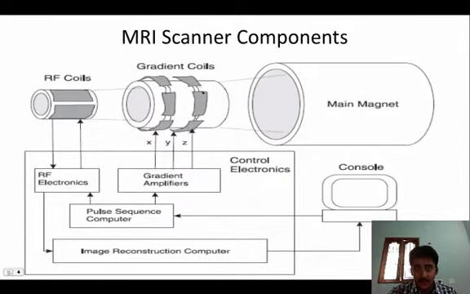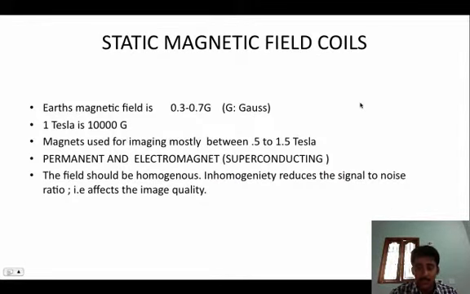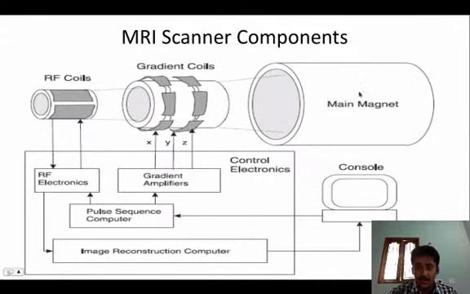This is done by the gradient coils. These gradient coils maintain a gradient of magnetic field, that means a non-uniform magnetic field along the length, the breadth, and the cross section of the machine. Hence we can determine the position of any atom, tissue, two-dimensional frame or three-dimensional point using X, Y, Z gradient coils. This is the purpose of the gradient coil.